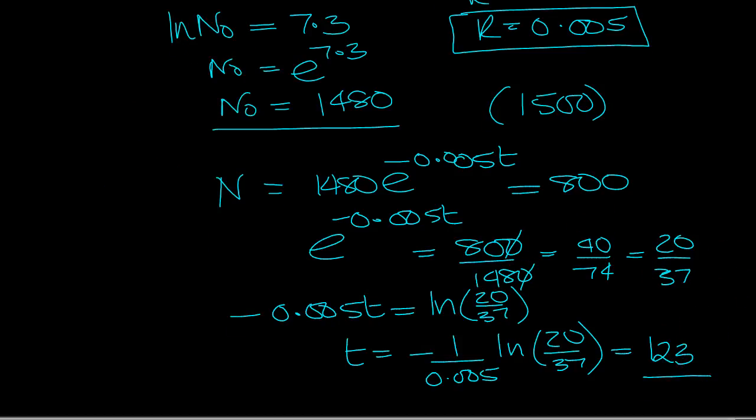We started at 1900, so that would mean time in years is equal to 1900 and 123 is 2023, and the notes had the solution at 2025.